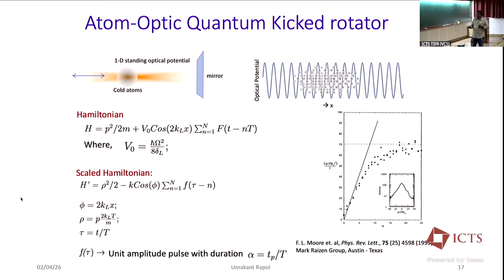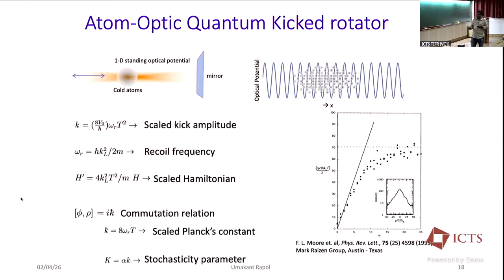Now, when you scale this Hamiltonian, you get all these parameters. You can have control on the kick amplitude by just changing how deep the potential is, and by changing the time period between these kicks.